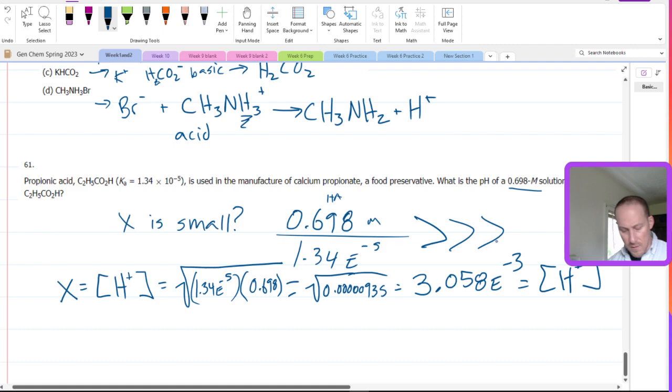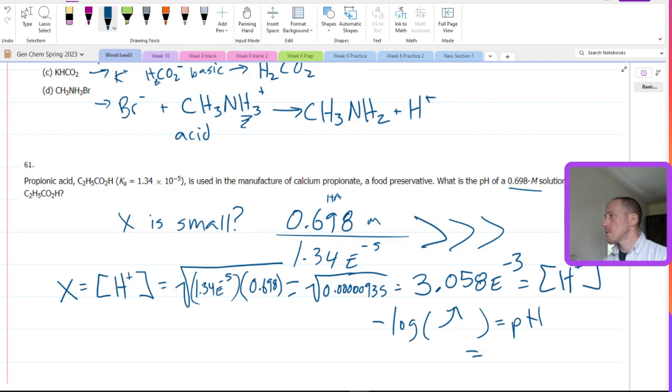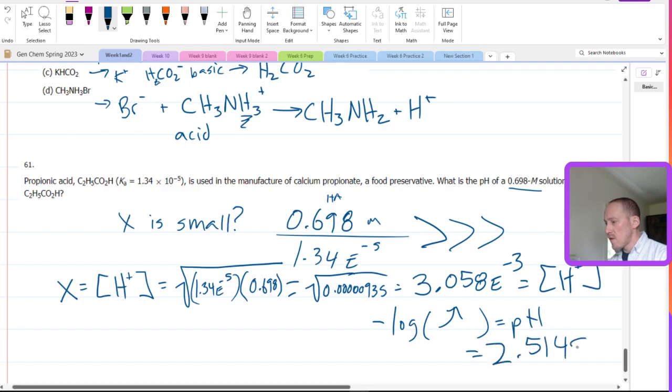So to find the pH, all we have to do is take the negative log of that, which equals 2.5145. So that's pretty acidic.